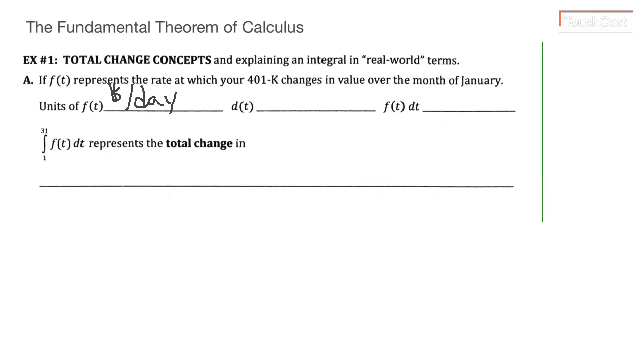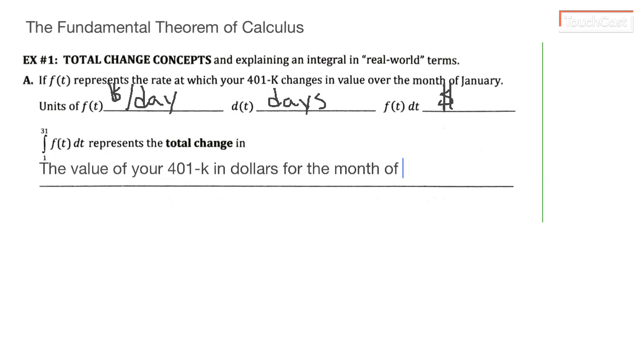And dt represents the number of days, and f of t dt represents just dollars, meaning that the integral from 1 to 31 of f of t dt represents the total change in the value of your 401k in dollars for the month of January.